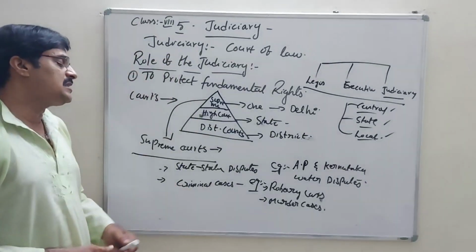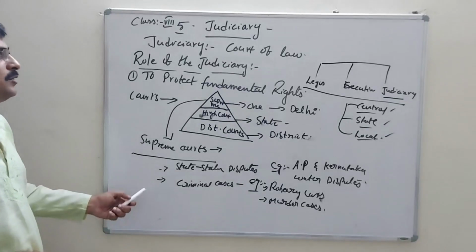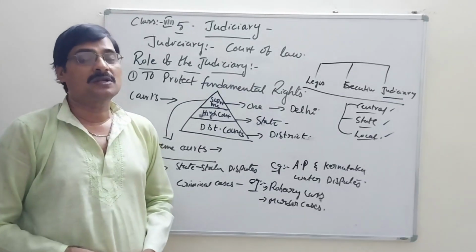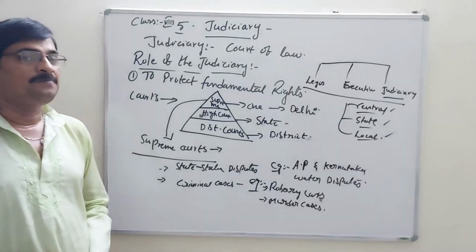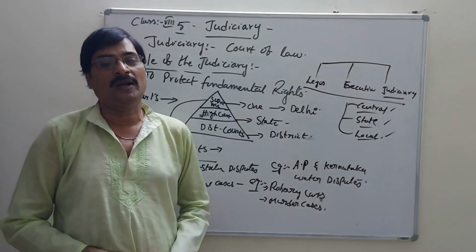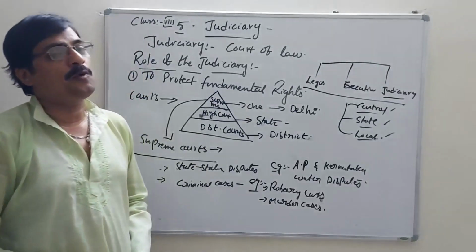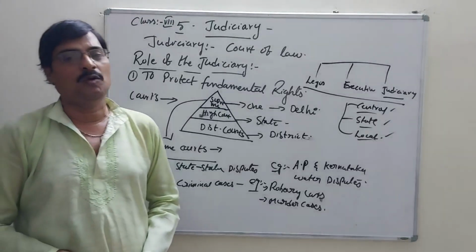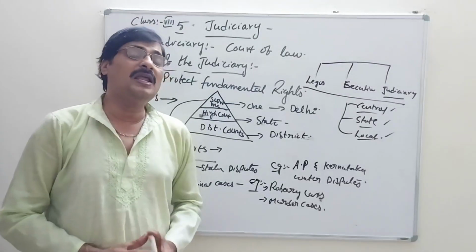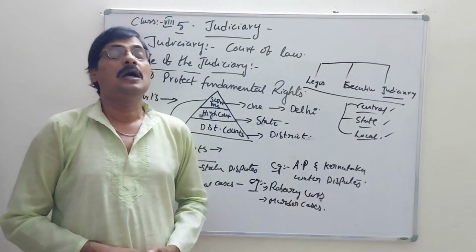According to the judiciary, we will now move on to the high courts: where they are and in which places they are located. We already discussed one important point about high courts: they are allotted depending on the population.